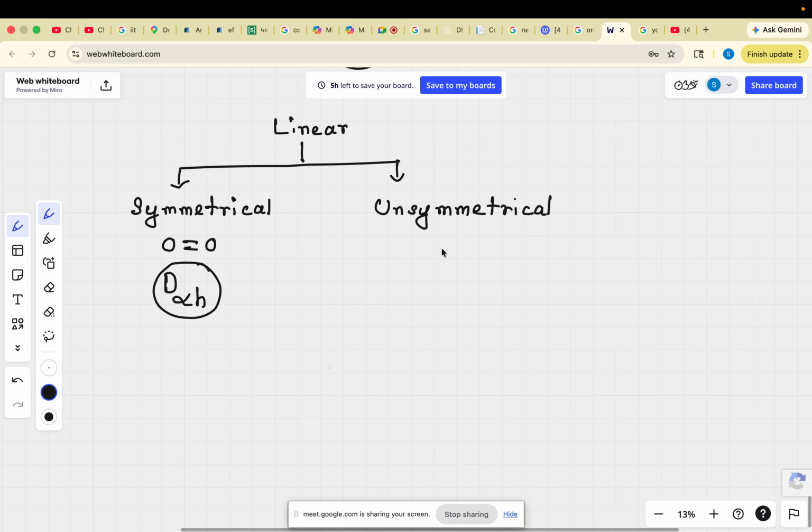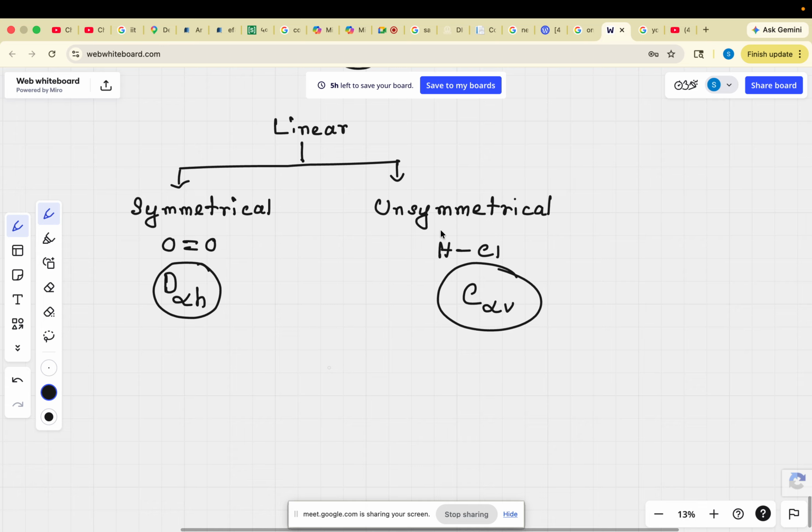And for an unsymmetrical molecule, suppose you have HCl, that time you will get the C infinity v point group. These are the two point groups we can get. One is your symmetrical point group, another one is your unsymmetrical. If you have an unsymmetrical molecule, you will get the C infinity v point group.